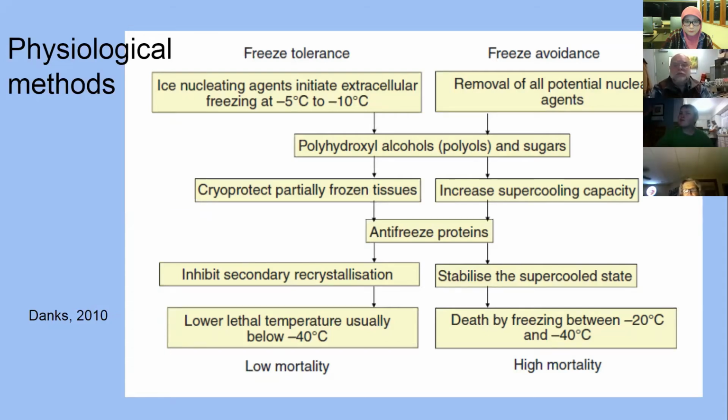It means they have more proteins and more alcohols and sugars in their body to help them reduce the liability of freezing to a much lower temperature than things that have freezing avoidance, which usually have less sugars, less proteins, and basically can only supercool to a higher low temperature.